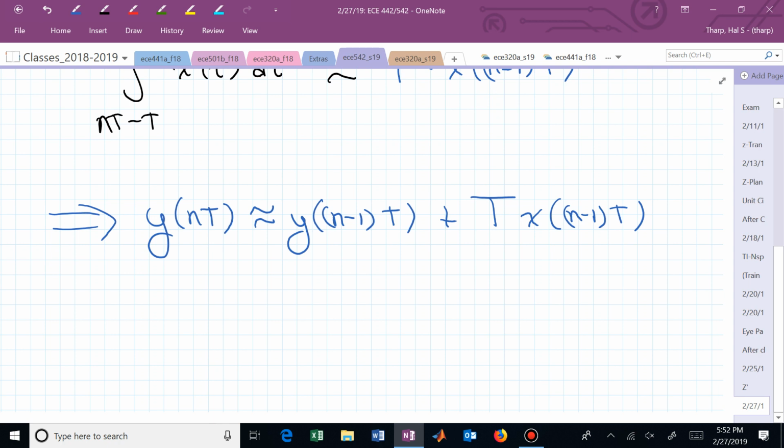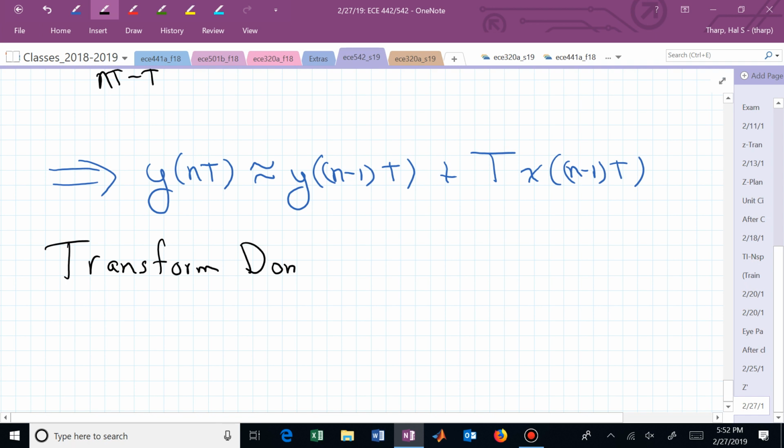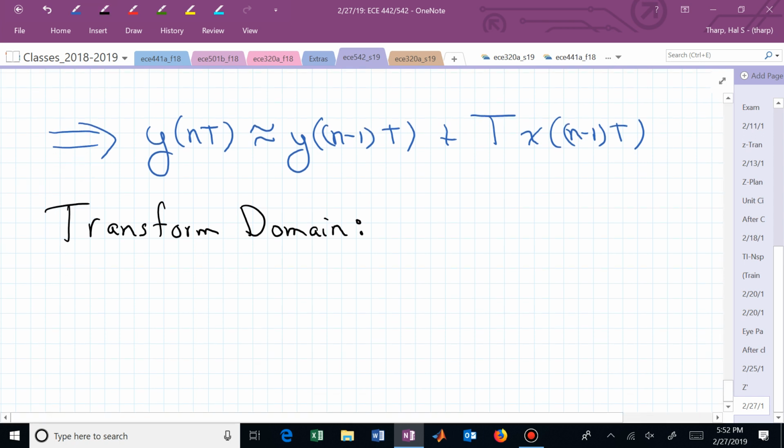And now that we have this skill of going from time domain to frequency domain, let's go into the frequency domain, or transform this time domain difference equation, put it into the frequency domain. If we now go into the transform domain, what does that equation look like in the frequency domain, the z domain? What's the z transform of y of n, or y of n capital T? That we just say, oh, that's the z transform of y of n, which is capital Y of z.